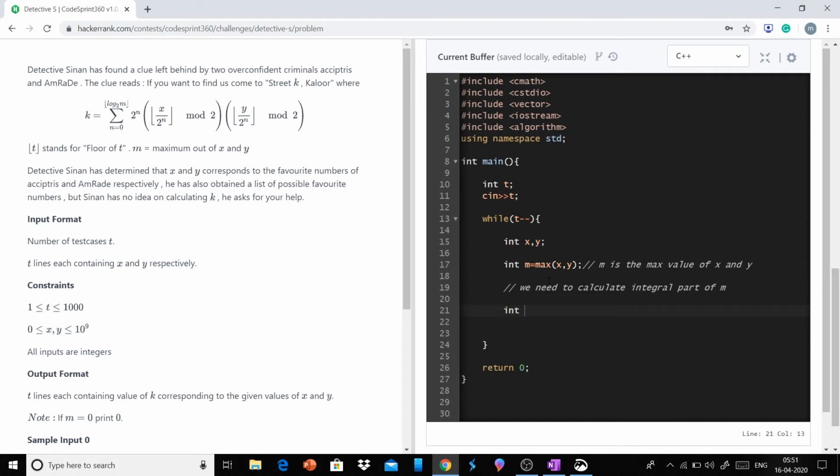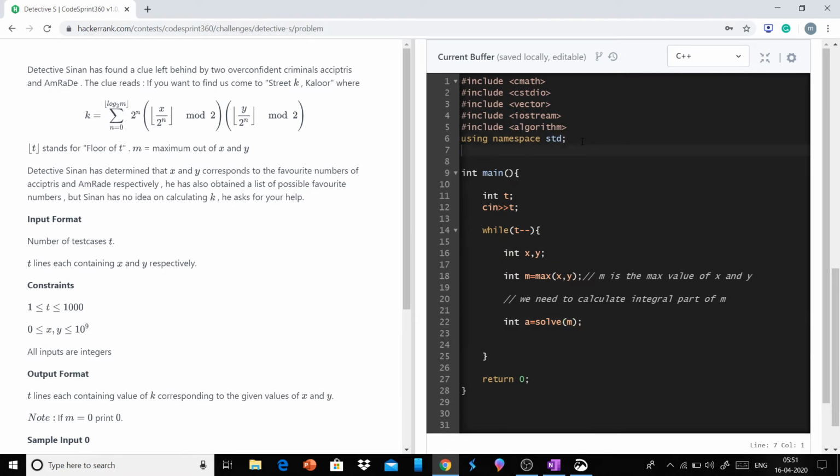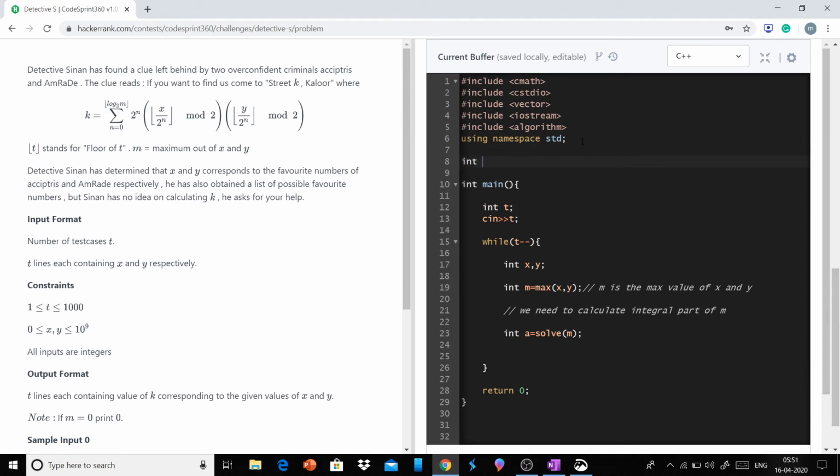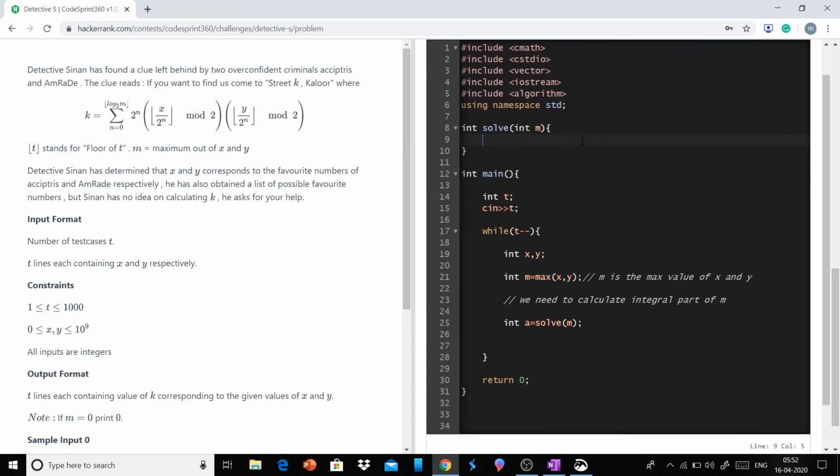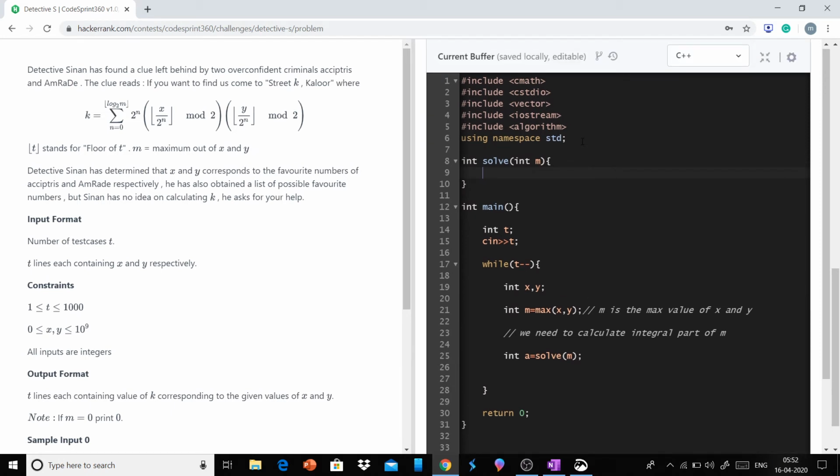Let me declare the integral part as a, and define a function solve, which will take input m. It returns an integer: int solve, integer m. If you are new to programming and don't know about functions, I will soon make a video on functions. Or you can also write the same function inside this loop only.